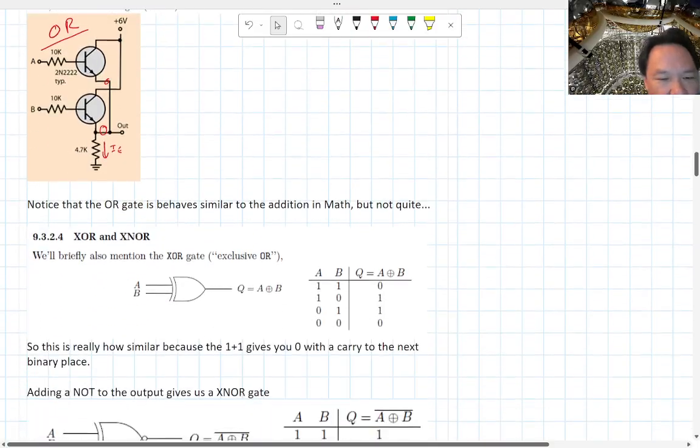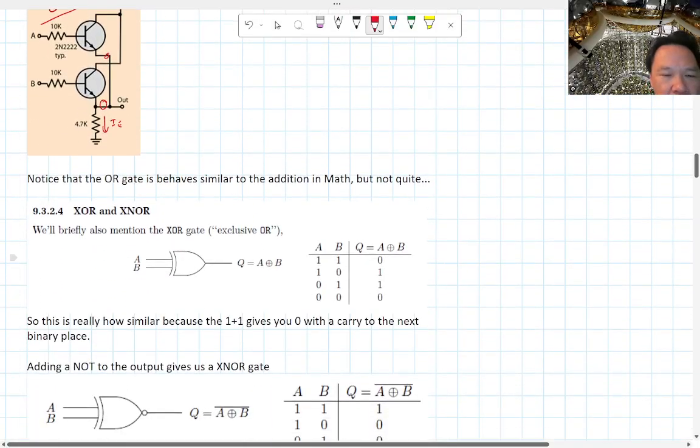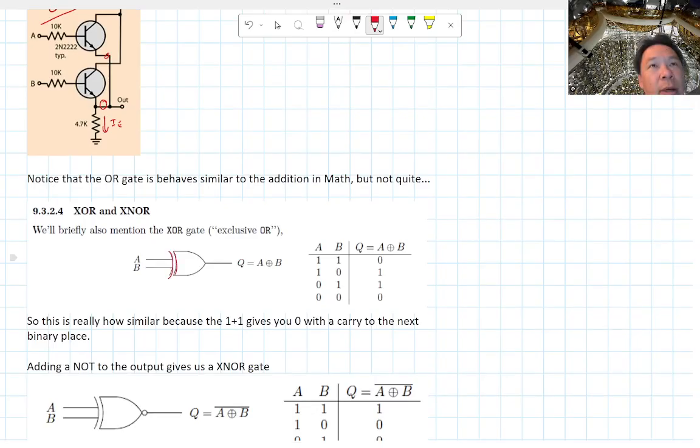An XOR gate looks similar to the OR gate, but you put a second curved line in front of the input. Sometimes the line will go through here, sometimes it doesn't. It's the same symbol, it doesn't make any difference. In the logic representation, it's represented by this plus with a circle around it, just to say that it's exclusive, like you have to be in the circle.